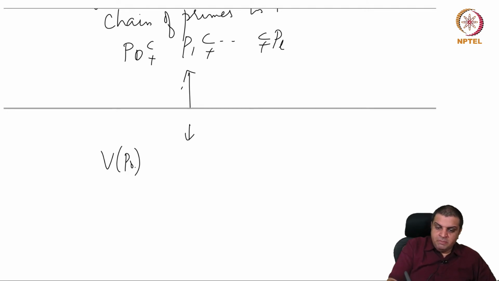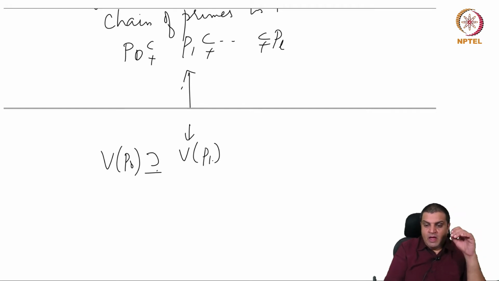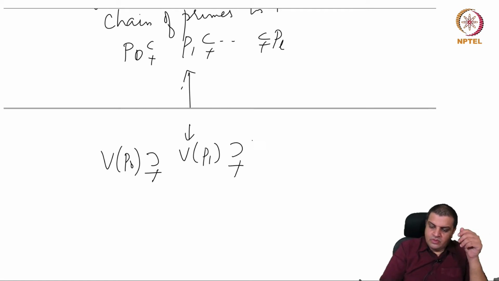V of P0 is going to be the largest, since P0 is the smallest. And V of P1, and because P0 is different from P1, this is going to be different because, for example, P1 is inside here but not inside here. Other way around, P0 is inside here but not inside here. And V of P2, up to V of PL.